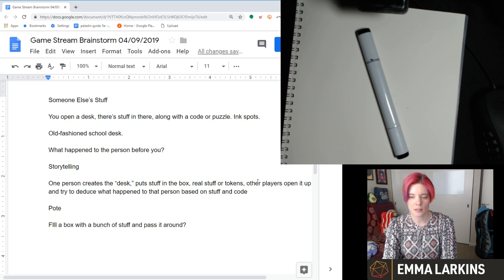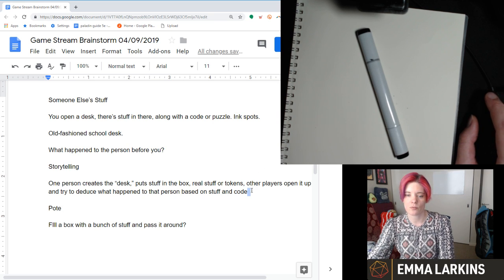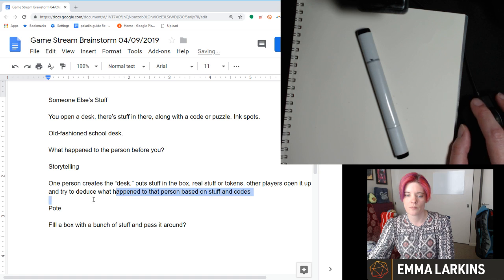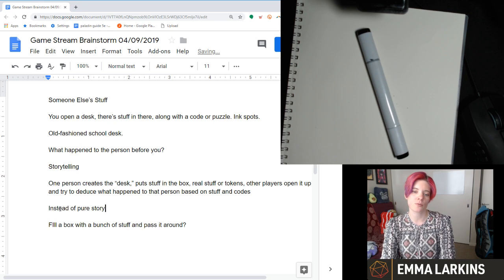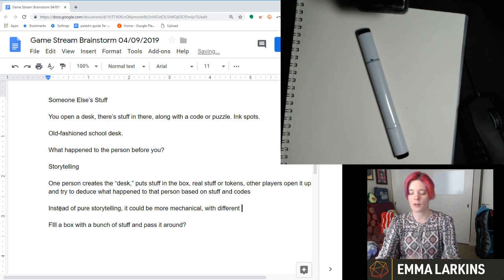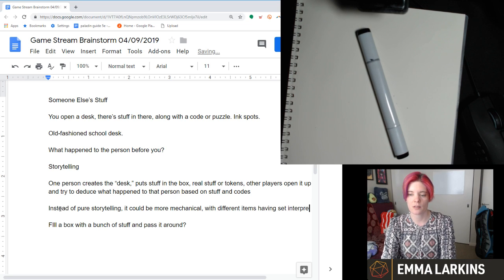The person decodes based on stuff and codes. Instead of pure storytelling, it could be more mechanical, with different items having set interpretations.